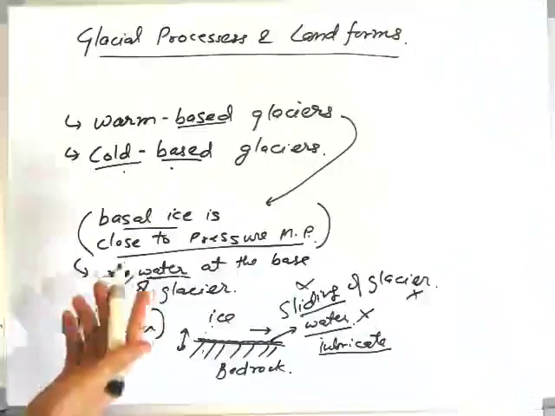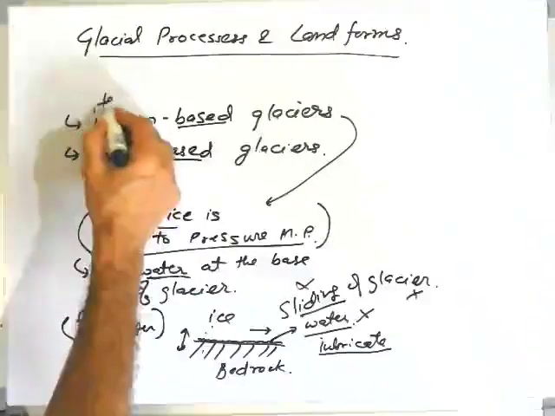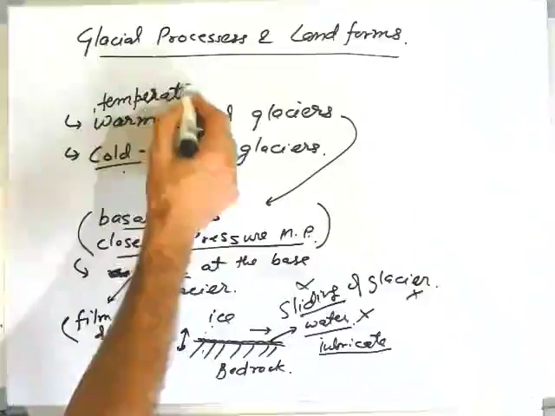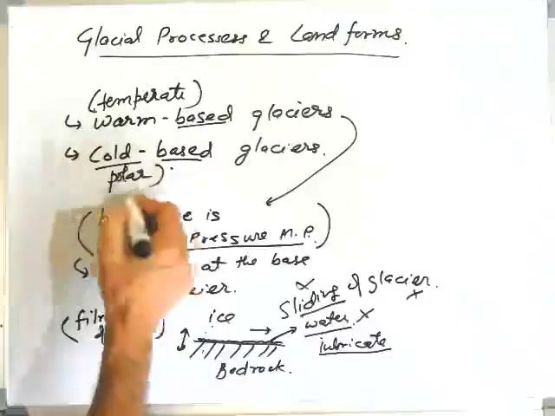In old terminology, the warm based glaciers are also known as temperate glaciers, and cold based glaciers are also known as polar glaciers.